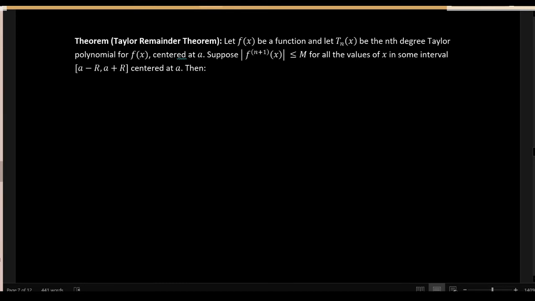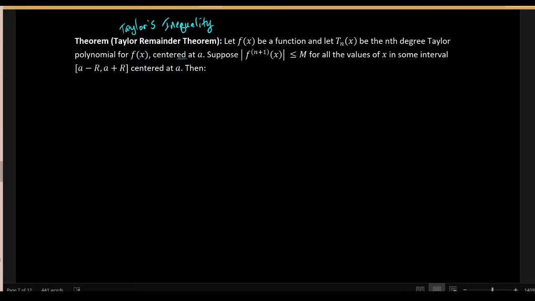So in order to determine the worst case error, accounting for all those different factors, we have the following theorem, which is called the Taylor remainder theorem. Sometimes this is also called Taylor's inequality. We have some function f of x, and we have its nth degree Taylor polynomial, t sub n of x, centered at a.